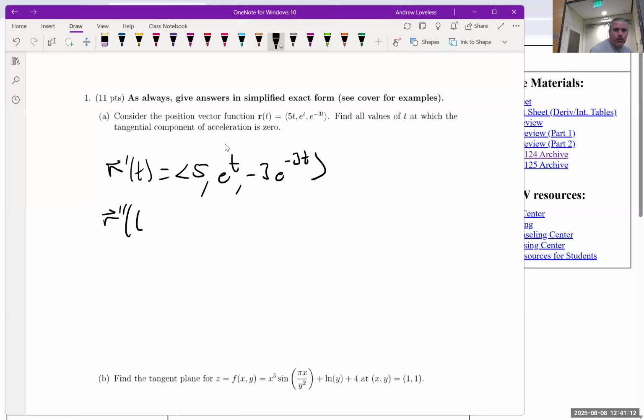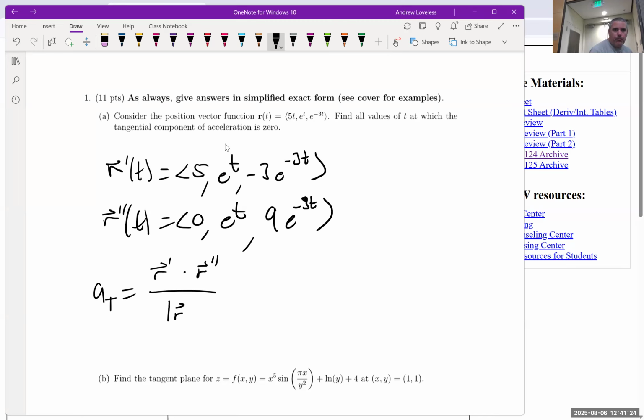But you have to find when the dot product is 0. You don't really even need to worry about the denominator, but you do need to know when this is 0.